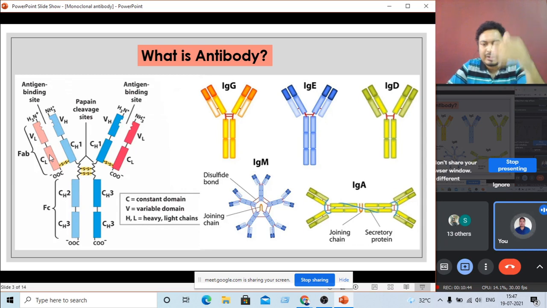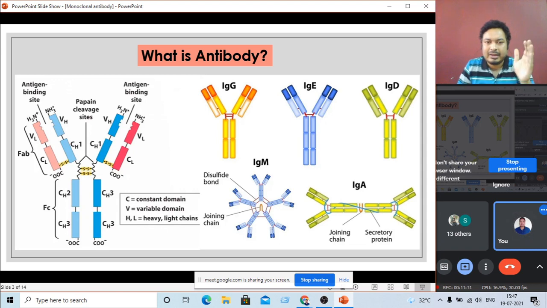Okay, so during the production of the protein, the light chain and the heavy chain are formed in different areas. In different cell structures, the light chain is formed and the heavy chain is formed. Then the heavy chain and the light chain are both accumulated inside the endoplasmic reticulum and form a new type of structure, and this new structure is called an antibody.